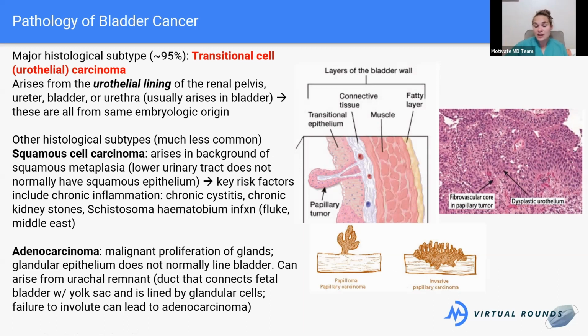The higher the stage you have, the worse the prognosis. If these cells have invaded the basement membrane and made their way all the way into the muscle, we're concerned, right? They've traveled a long way. They're probably going to keep traveling. And so that's what stage tells us: how far the tumor has traveled, the size and spread of the cancer.